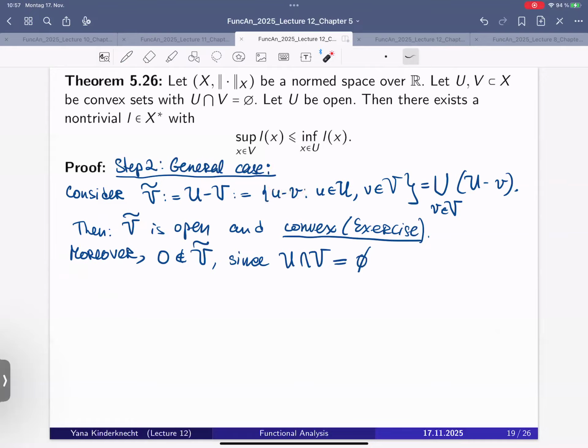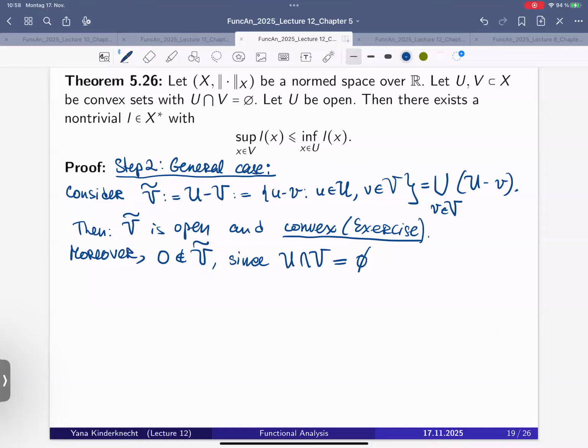Then we will get zero. But this is only possible if there are elements in the intersection. Okay, agree?